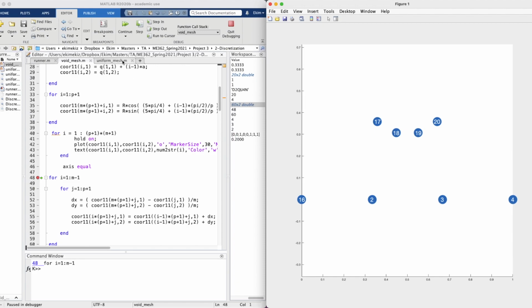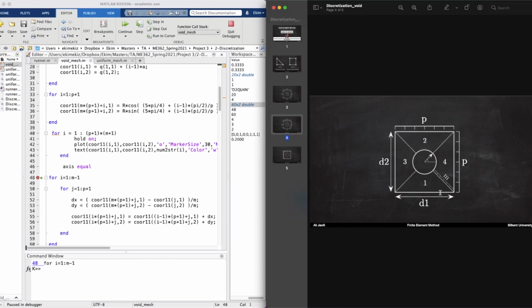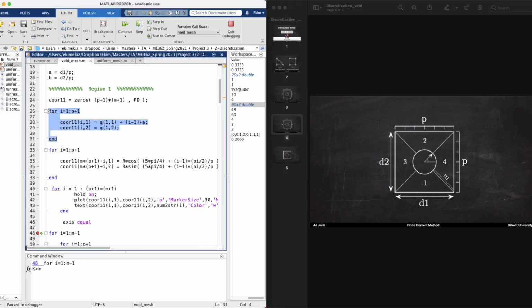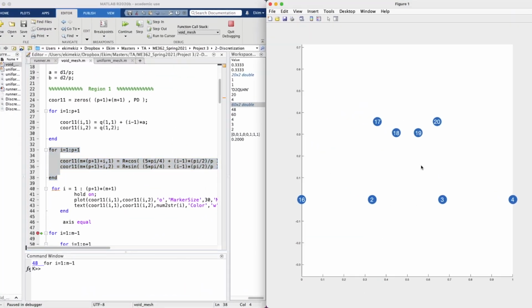So what we have here is, first, this line you see corresponds to this line here. So the first for loop generates the nodes along this line. And then the second for loop generates the nodes along this line.